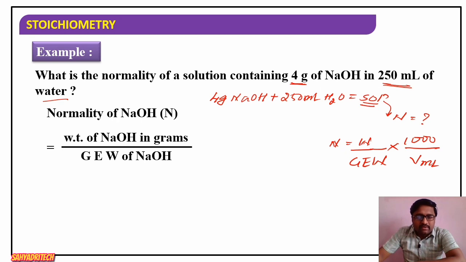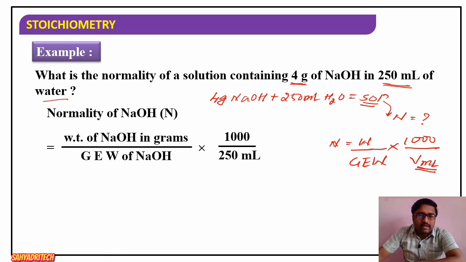Let us get the data. Weight of solute, that is weight of NaOH in grams, divided by gram equivalent weight of the solute, sodium hydroxide, into 1000 divided by volume of solution in ml, which is 250 ml.